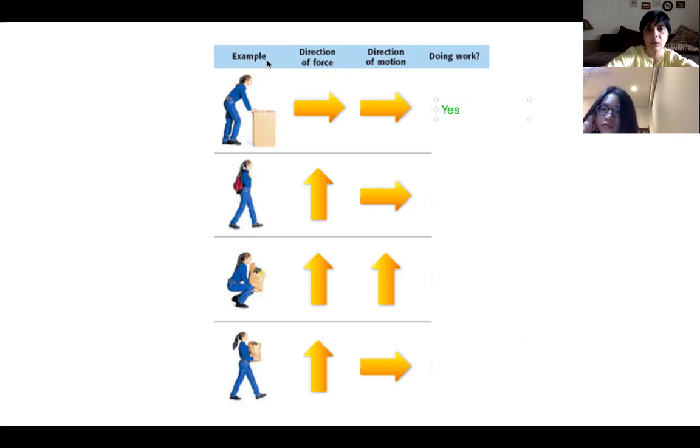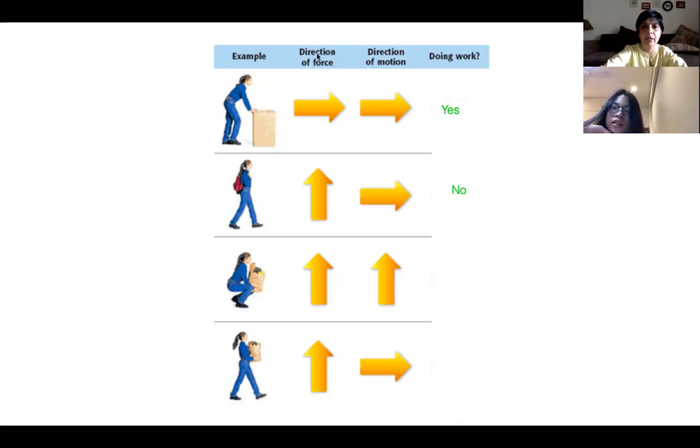What about the second one? No. Why no? It's not in the same direction. Okay. So the force is being applied in upward direction, and the bag continues to be on her shoulder. So there is no displacement at all for the bag, right? That's why.